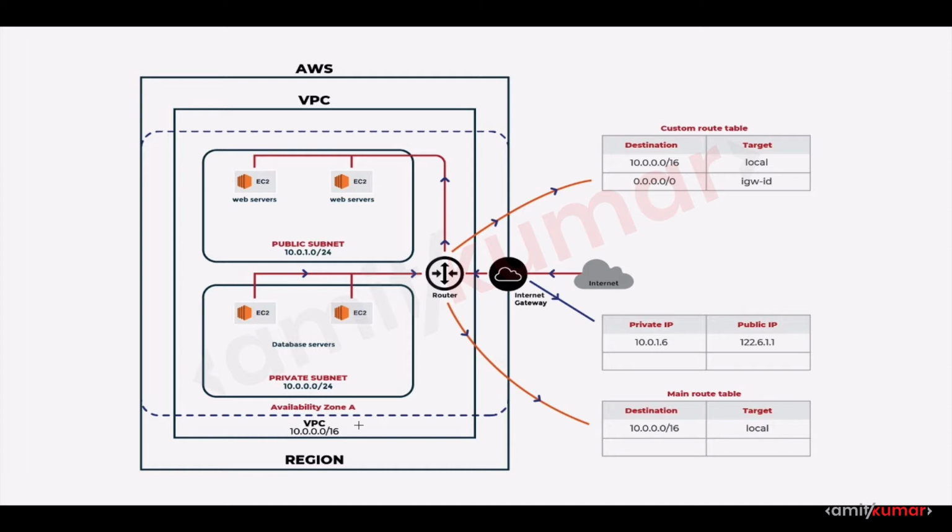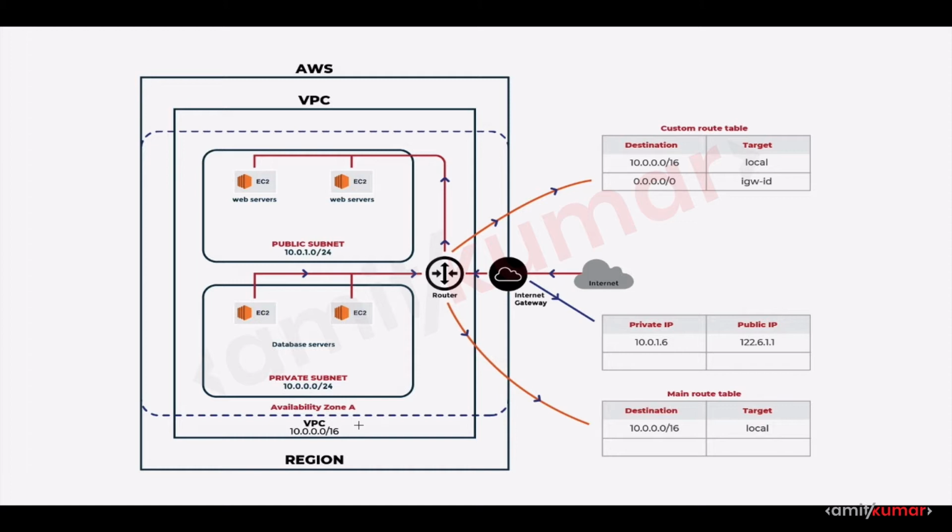Now, a VPC can have multiple subnets. What is a subnet? A subnet is a small network within the bigger network, which is called VPC. As simple as that. Since a subnet is also a network, it will also have its own CIDR block.